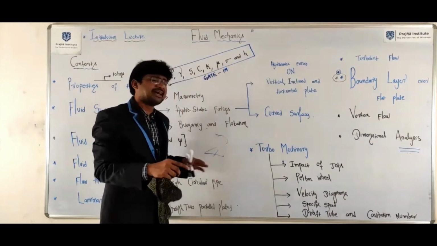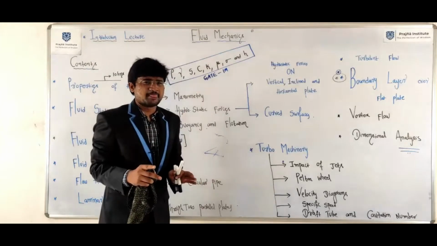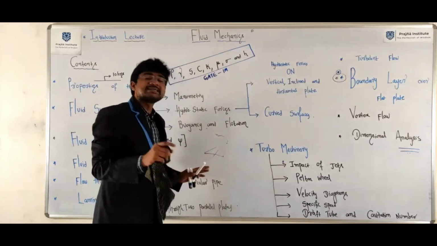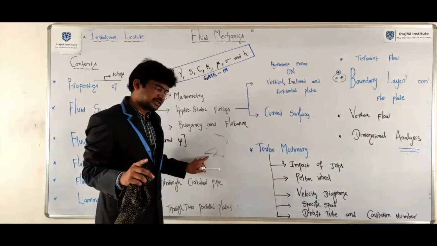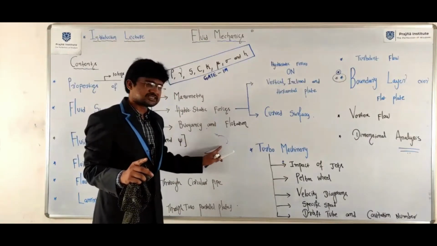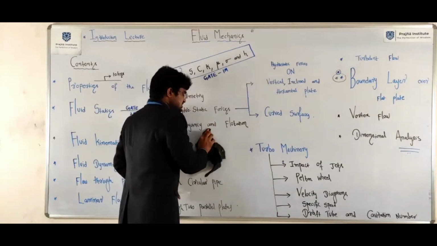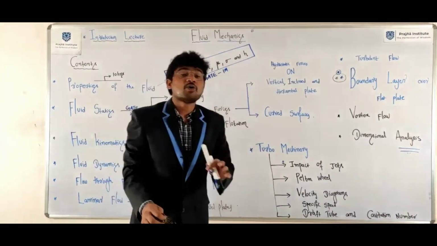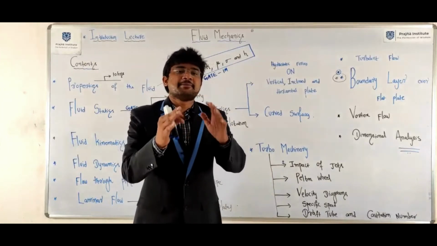If you draw directly in the interview, you will be thrown out of the cabin. So what is the physical significance of each and every vector? You should know the physical significance of each and every vector, and how to draw the velocity diagram for the turbine blade.